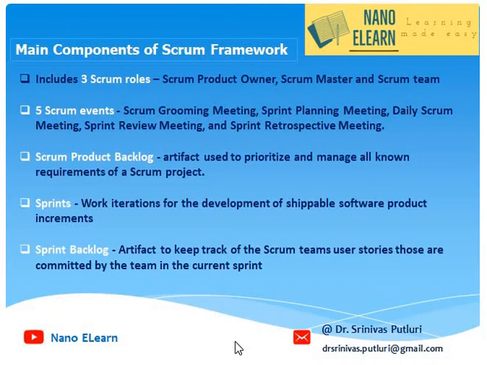These are the Scrum events in use in this kind of agile methodology: the backlog grooming meeting, also called backlog refinement meeting, sprint planning meeting, daily scrum meeting, sprint review meeting, and sprint retrospective meeting.